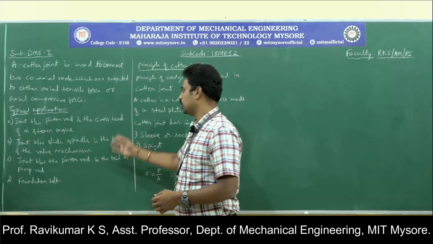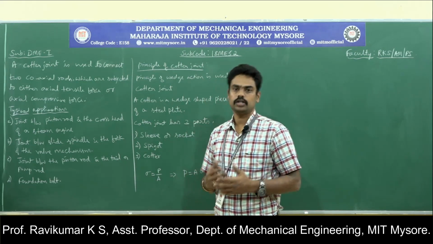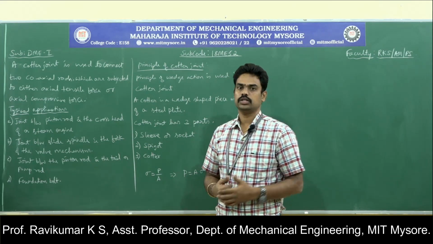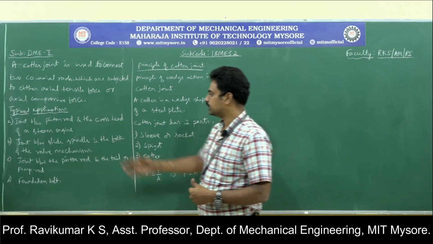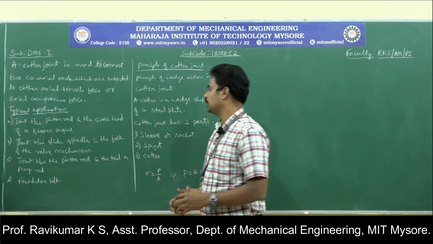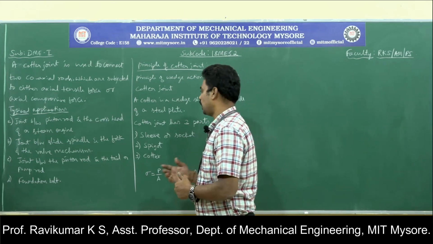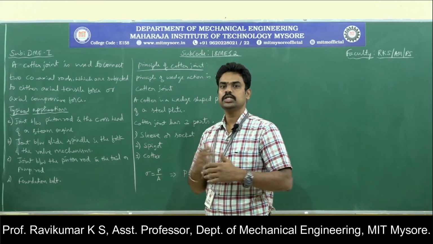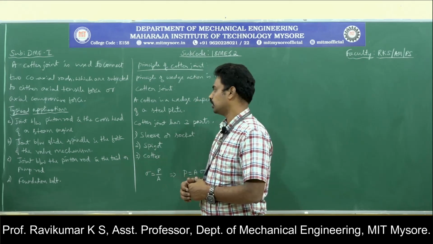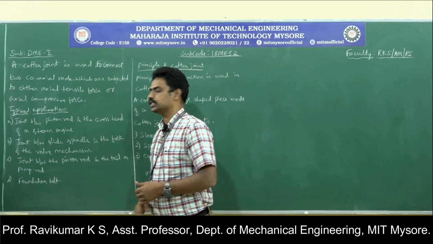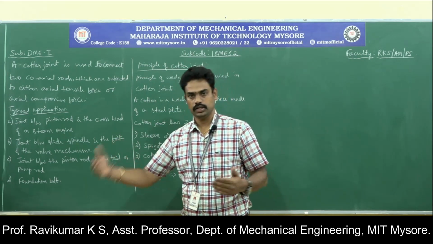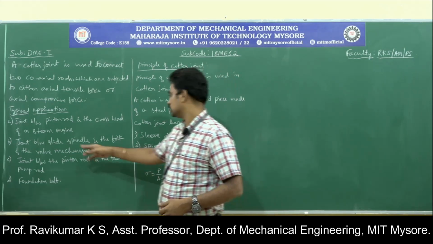These are typical applications of the quarter joint. You can use it for the joint between the piston rod and the cross head of the steam engine, connecting one end of the piston rod to the cross head.